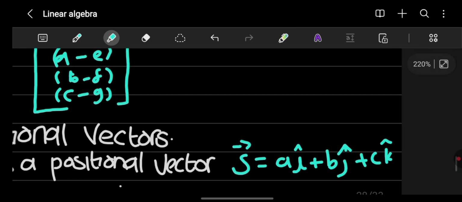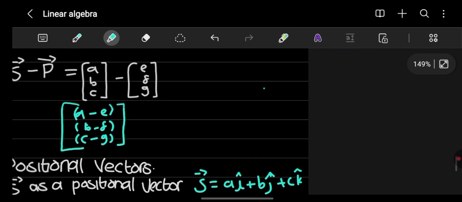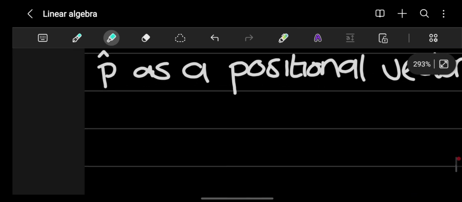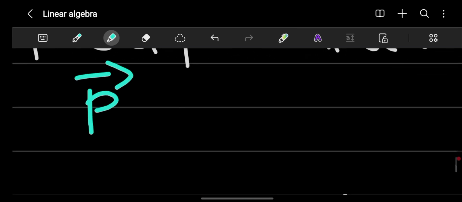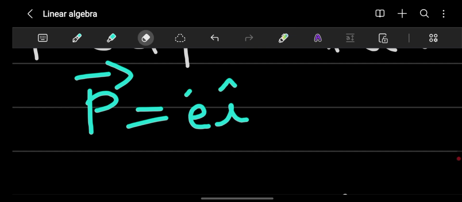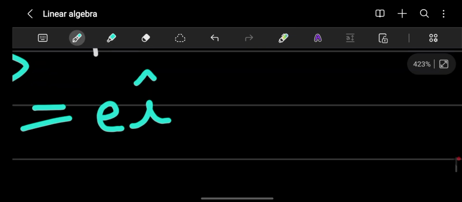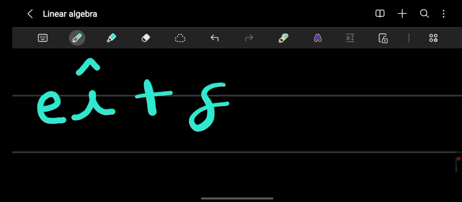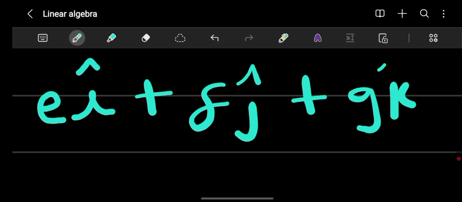So this would be your S, and then P would be EFG. So you would have vector P being equal to E i plus F j plus G k, right? Guys, I keep making mistakes here.